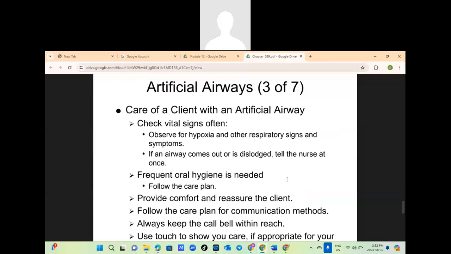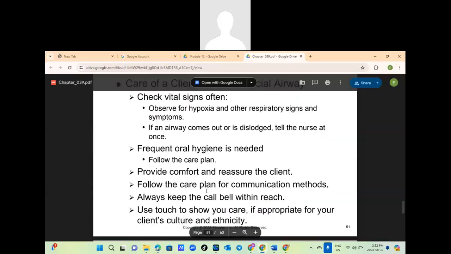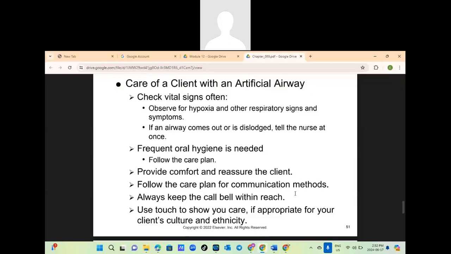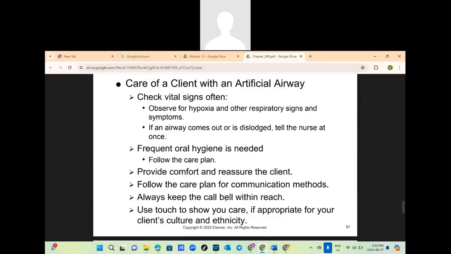Also, we're going to provide comfort and reassurance to the client. Also, we're going to follow the care plan for communication methods. Always keep the call bell within reach. Use touch to show you care if appropriate for your client's culture and ethnicity.